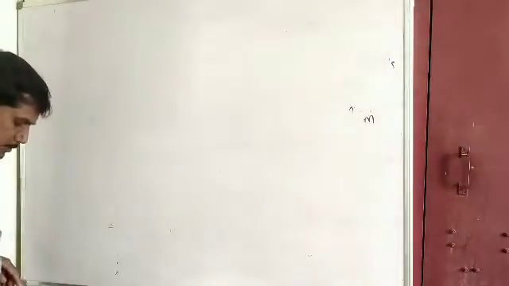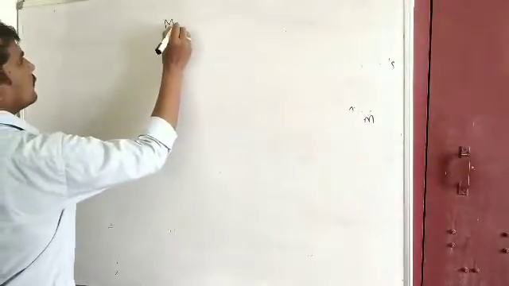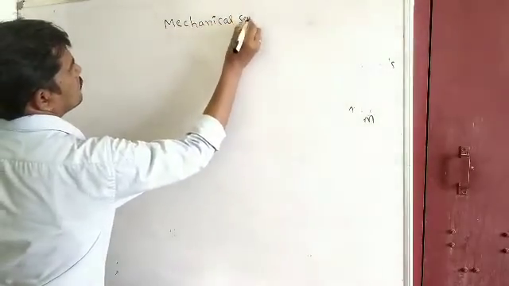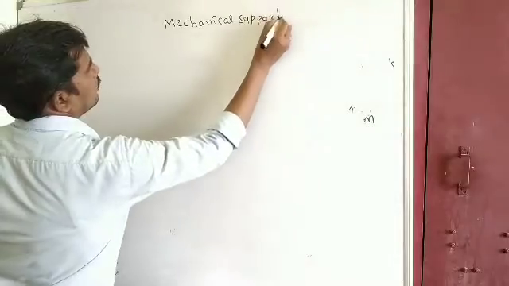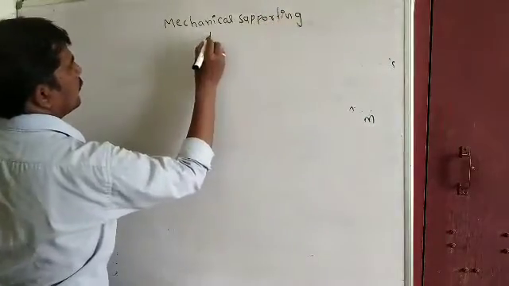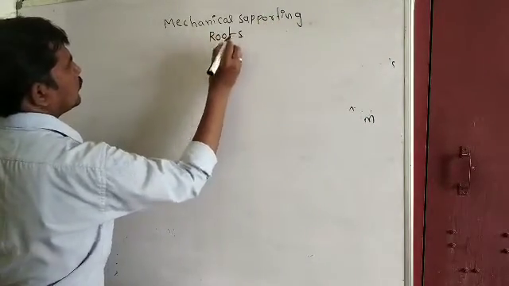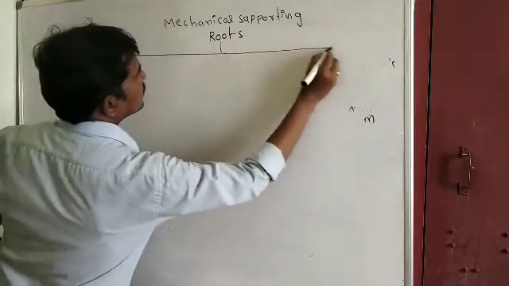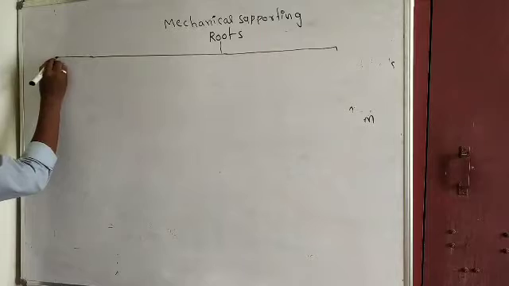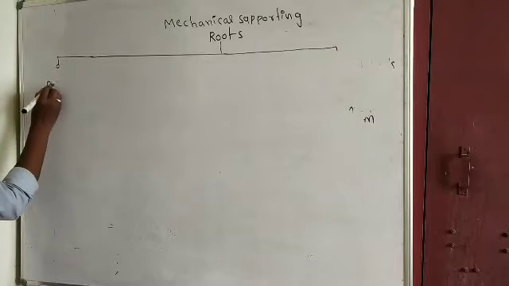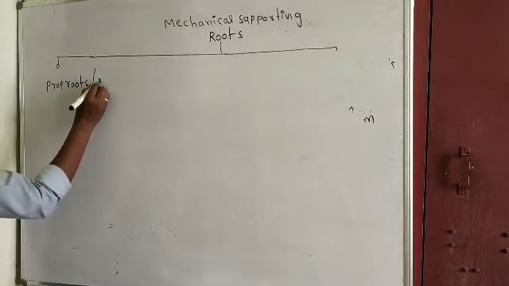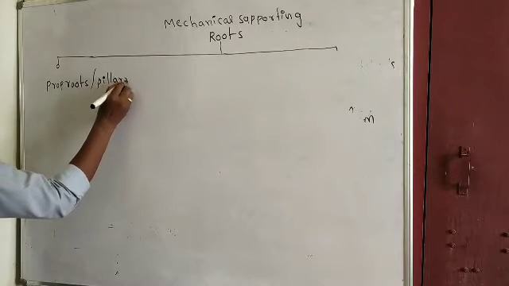See here, mechanical supporting roots. These are majorly three types. That is prop roots, also called pillar roots.